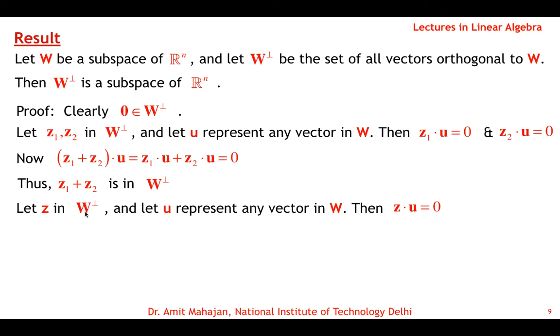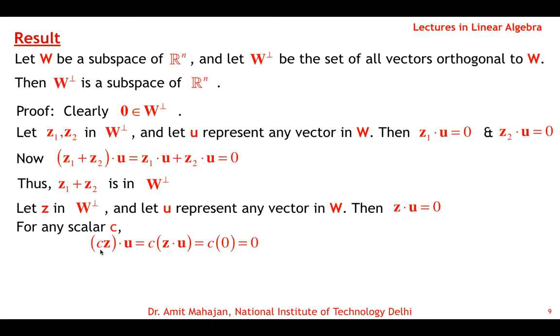So again, let z be any vector in W perpendicular and u represent any vector in W. Clearly z dot u will be 0, because these are orthogonal complements. Now if I calculate c times z dot u, for any scalar c, this can be written as c times (z dot u) by the property, and z dot u is 0, so the constant times 0 is 0.